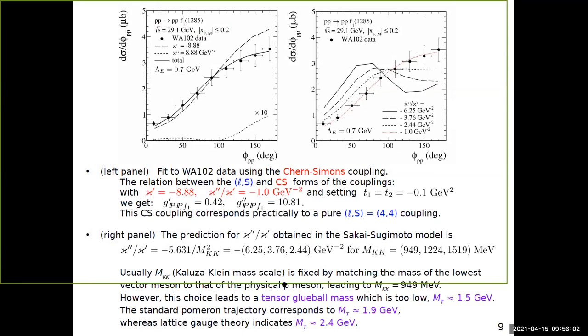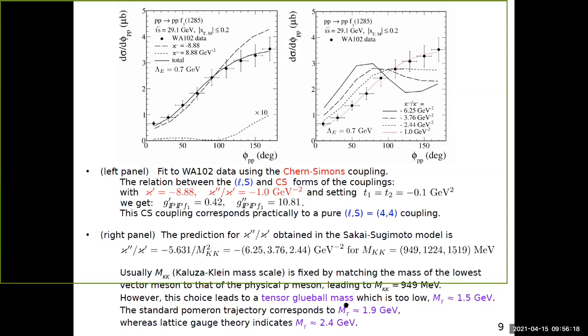So you can see that we agree only with the sign of the ratio, but not on the magnitude. So the Sakai-Sugimoto model predicts rather larger values.